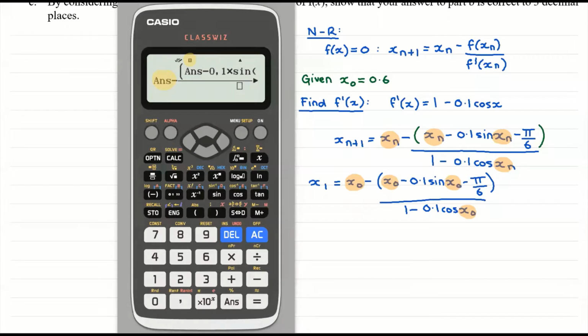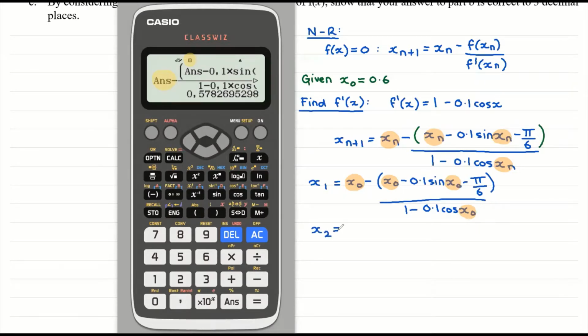We're going to put in the denominator 1 subtract 0.1 multiplied by the cosine of the answer. All right, and there we have it. So that's the iterative formula. Now this will generate x1. So if we press equals, we get an answer. So that's 0.5782.